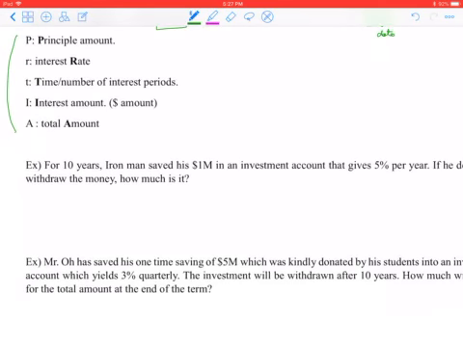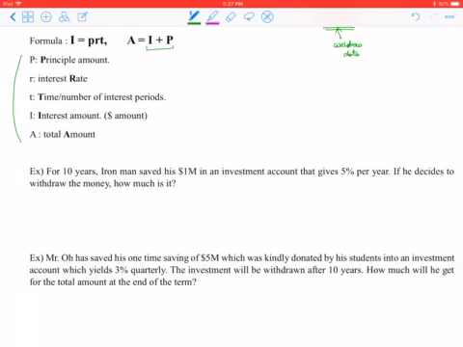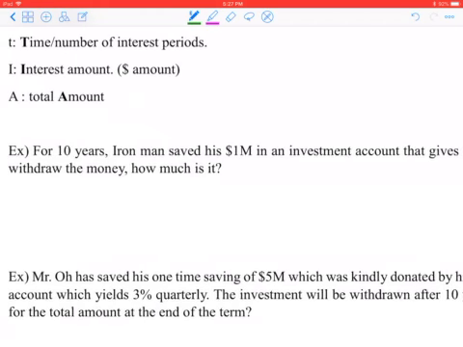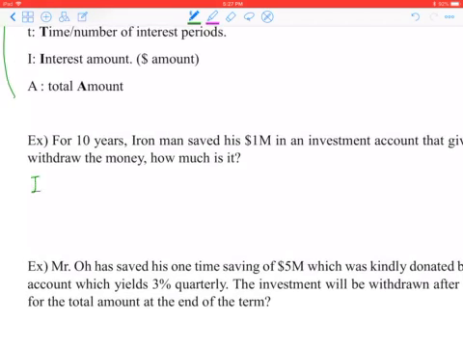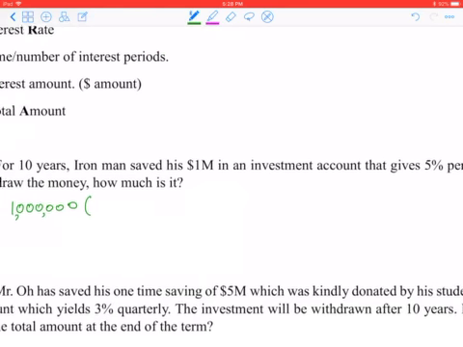So an example is this. For 10 years, Iron Man saved his $1 million in an investment account that gives 5% per year. If he decides to withdraw the money after that 10 years, how much is it going to be? Then your interest amount will be 1 million, so there will be 6 zeros, times R, which is the rate, in this case 5%.